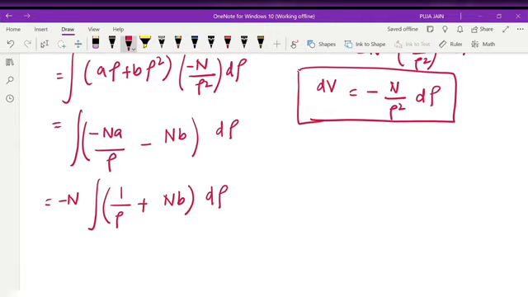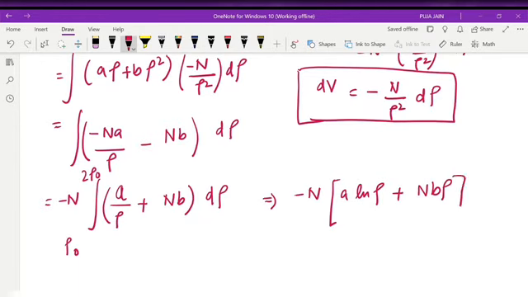I am taking minus N common, getting 1 by rho for the first term and B for the second. The integration of A by rho is A ln rho, plus B rho. Sorry, N we have taken common, so it will not be inside.